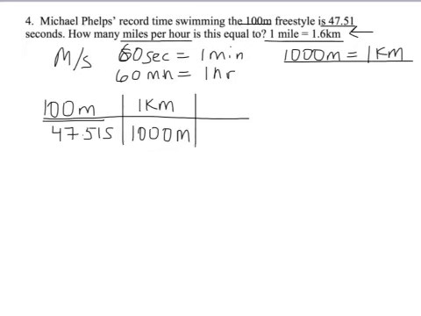And then from meters, which we can cancel out now, from kilometers, we can now go to miles using this that was given to us. So we want to put the kilometers on bottom and miles on top.